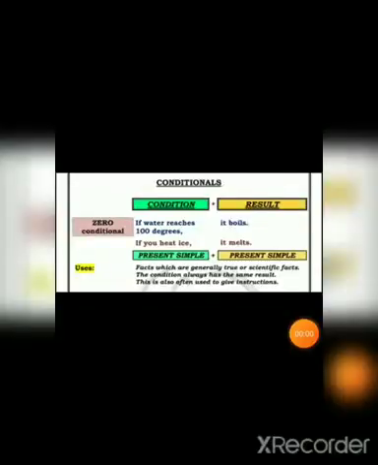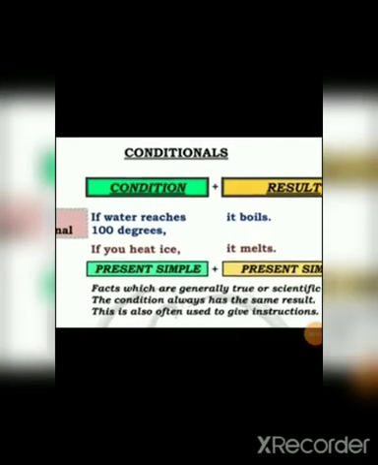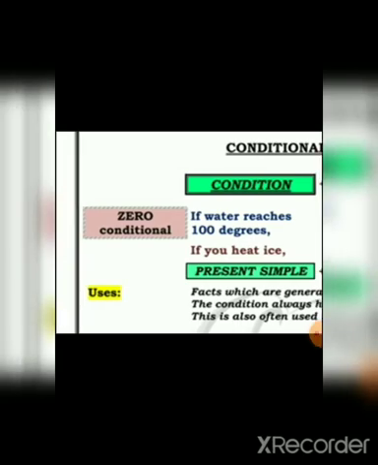Understand? Okay students, this is the first one, the zero conditional, I already told you. What is the zero conditional? The zero conditional expresses a natural event like general truth or scientific truth.